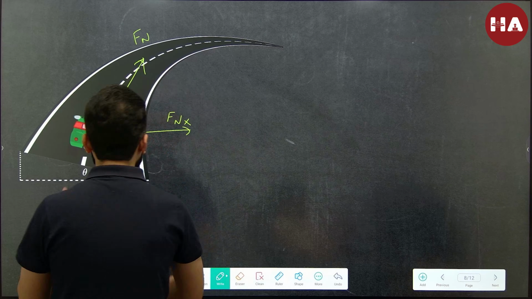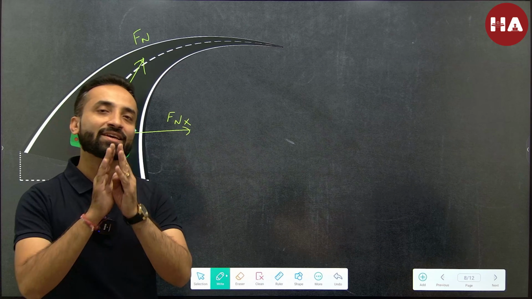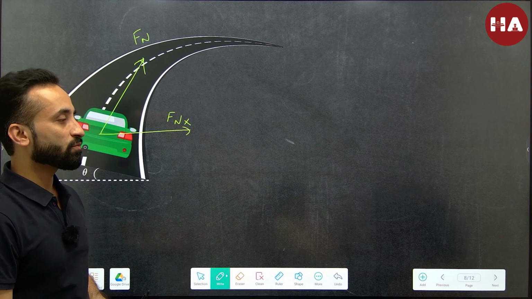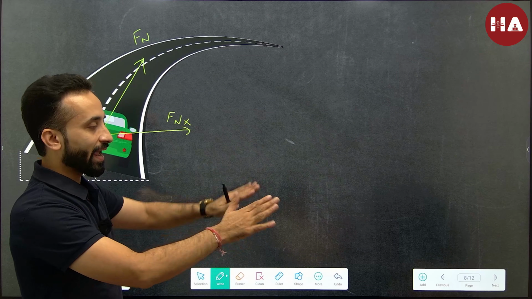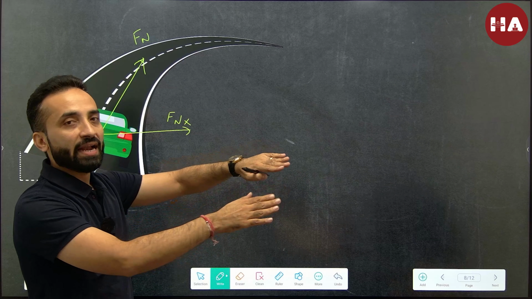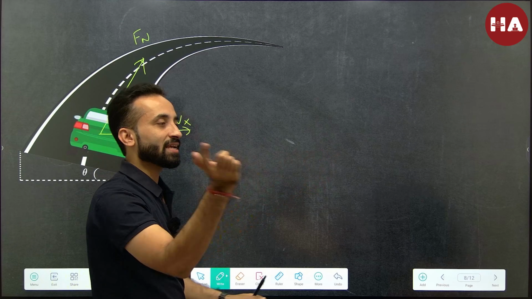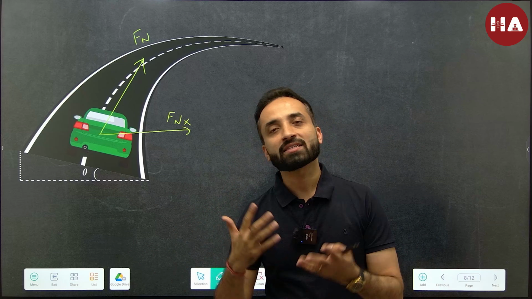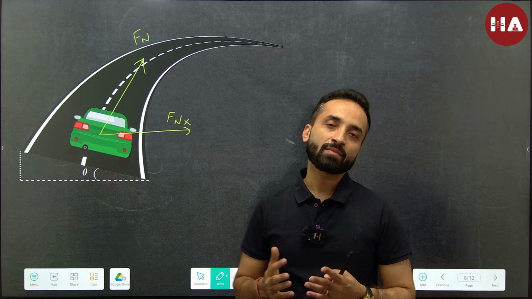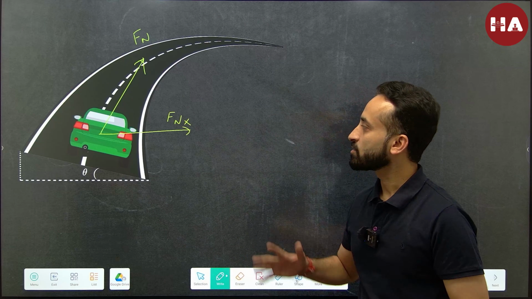So this whole thing is called banking of roads. Imagine when there are cycle races, the tracks are purposely bent at a very high angle so that the cyclists can take the turn, or have the race at higher speed and still not skid, isn't it? That's what they do.